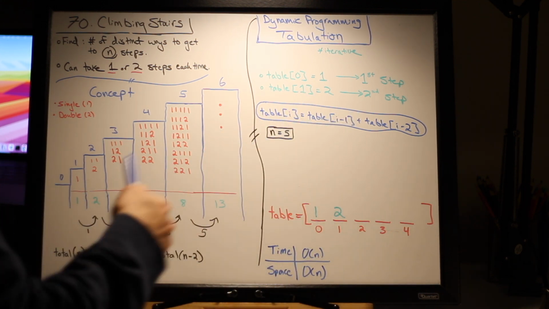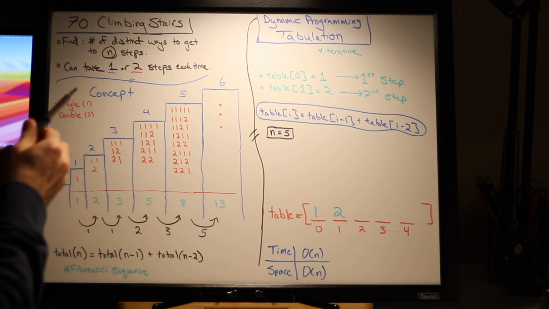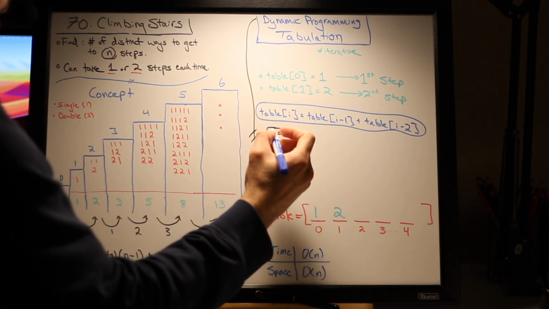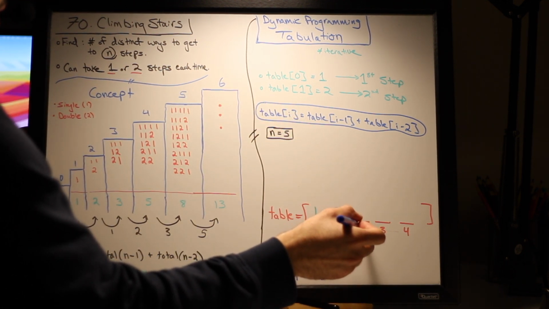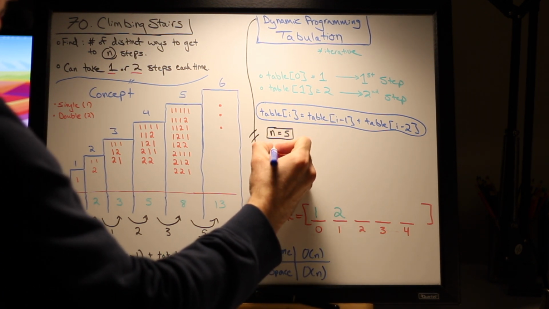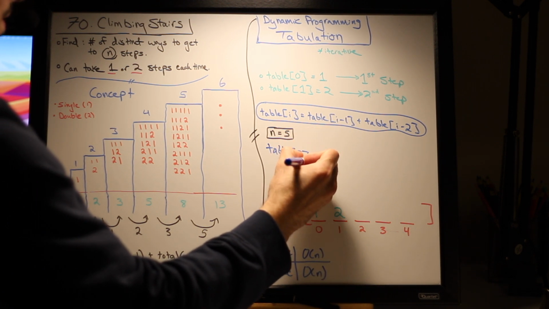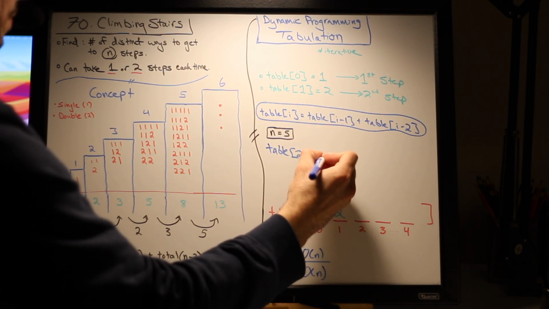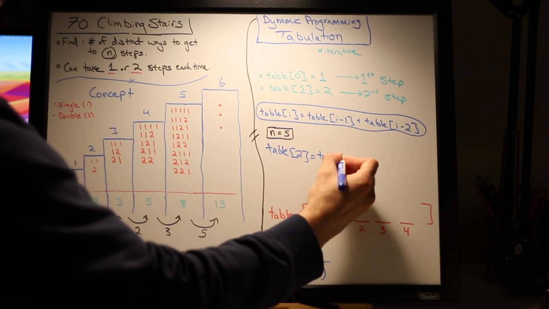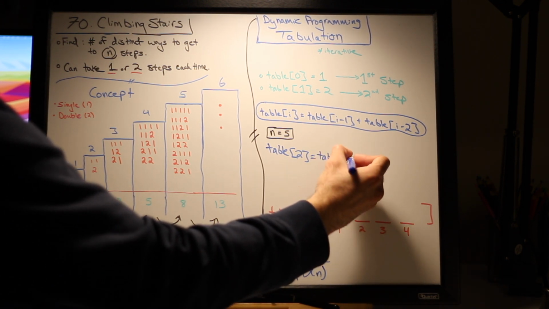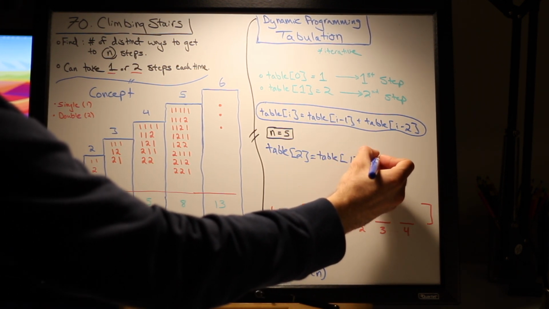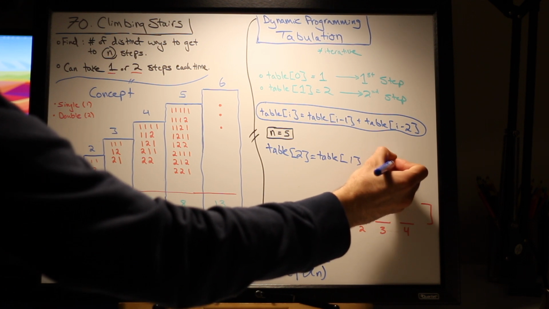Here's our formula, which is the same as the Fibonacci sequence we calculated earlier, and we can test it real quick to find the next value in this sequence. So the table at index 2 is going to be equal to the table at the i minus first index, so that's going to be table at 1 plus table at 0.